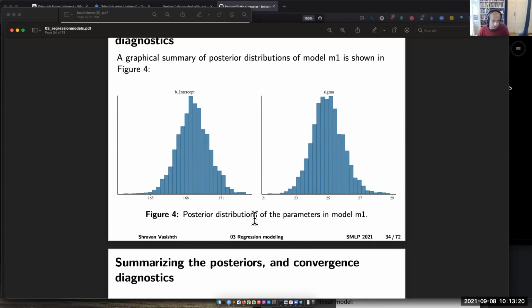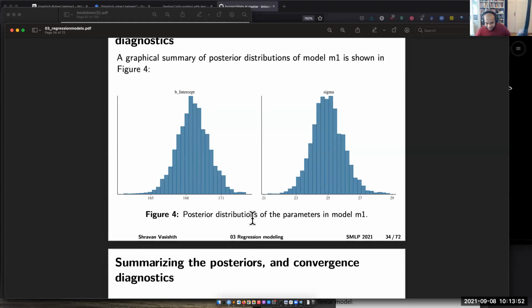And we can now draw our inferences from these posteriors. So if I was publishing this result, what I would do is I would actually plot these posteriors in the paper. Okay, so I would just show these posteriors, and in the text I would write that the mean was such and such, and the 95% credible interval was such and such, right? That would be the summary of the model output for me.